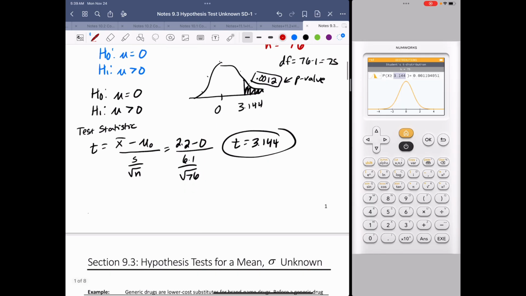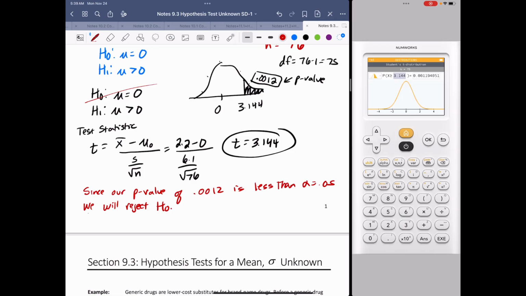So here's what we're going to say for our conclusion. I'm going to say, since our p-value of 0.0012 is less than alpha equals 0.05, we will reject H0. All right, if H0 is gone, and you can take your pencil and lightly go through H0, H0 is gone. You're going to conclude H1.